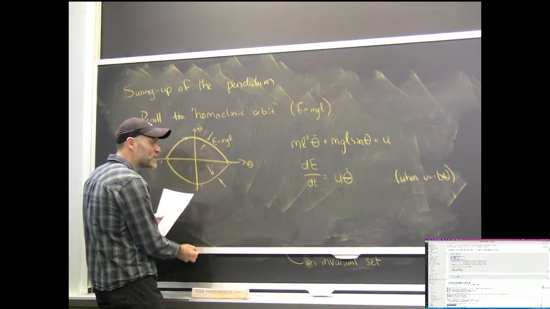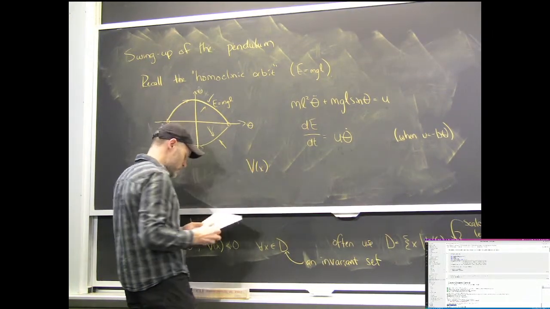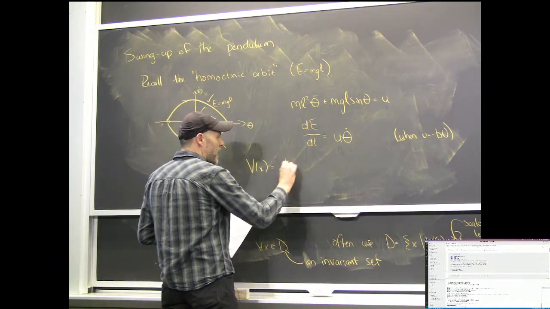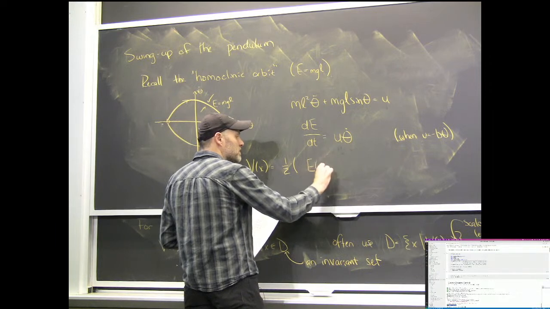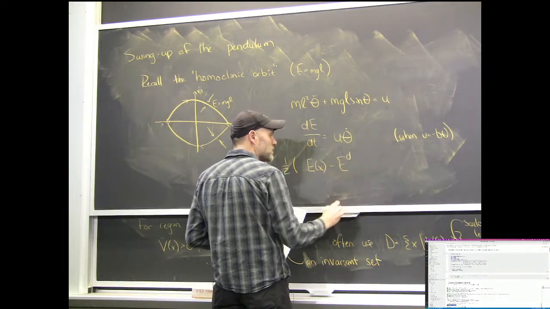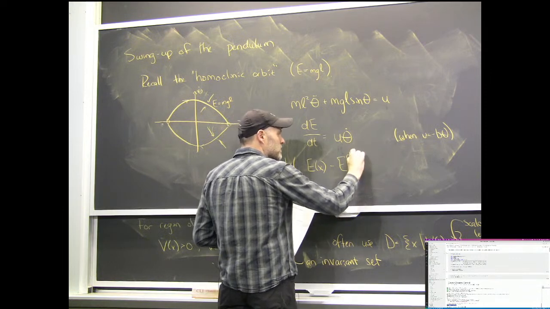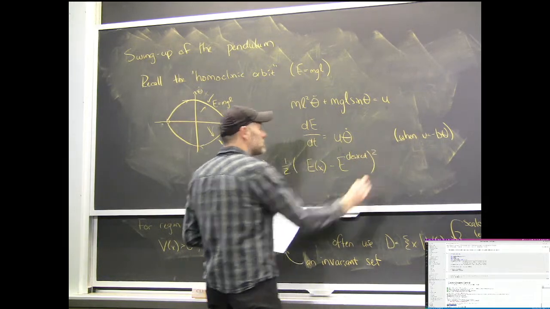Okay, here's my Lyapunov candidate. Let me choose, I'll put a half in there just to make the math clean. I'll choose that the energy at some state minus the desired energy, squared.